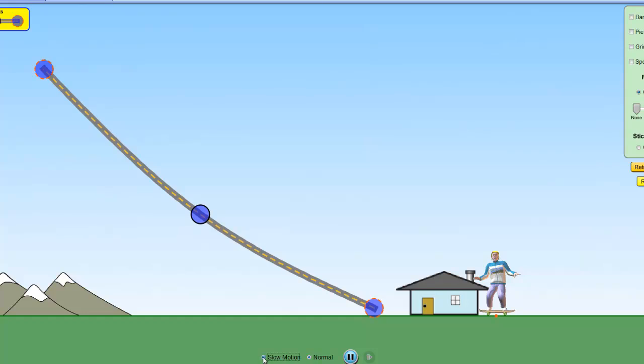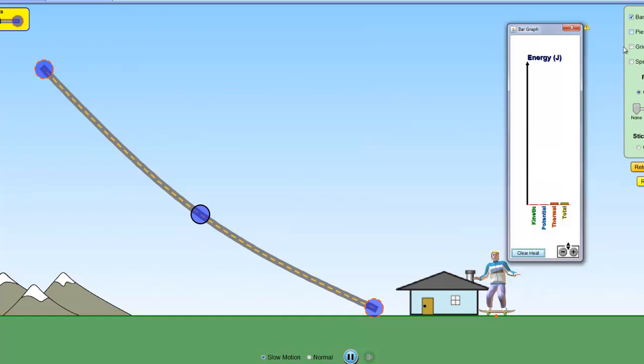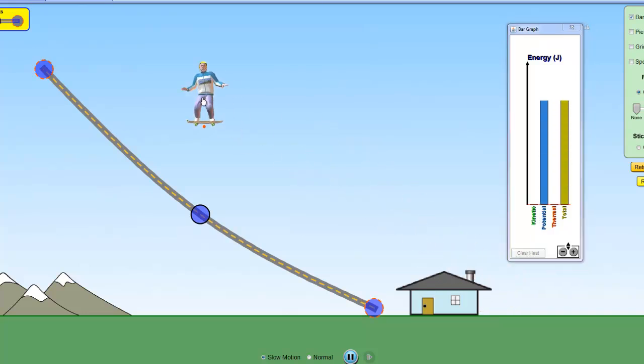So what I'd like you to do is just watch our energies here, right? I'm going to start by giving him all potential energy. So you see that the total energy is equal to potential. As I let him go, we're going to see that that potential energy starts to decrease while the kinetic energy is increasing. But look at the total. It's not going down at all.